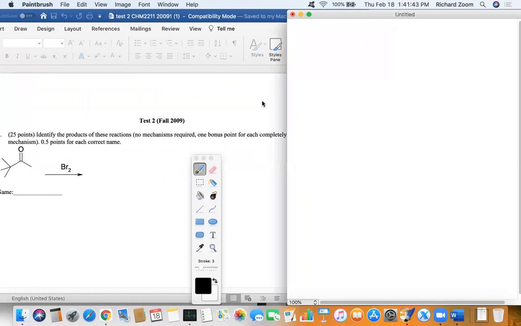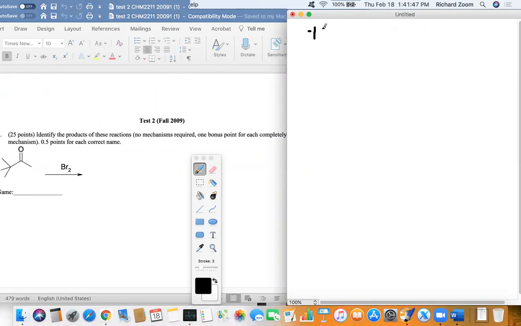So reactions you're going to see, this is just for number 1. My computer's slowing down a little bit here. We'll have alpha bromination. That'll be one reaction you'll definitely get.